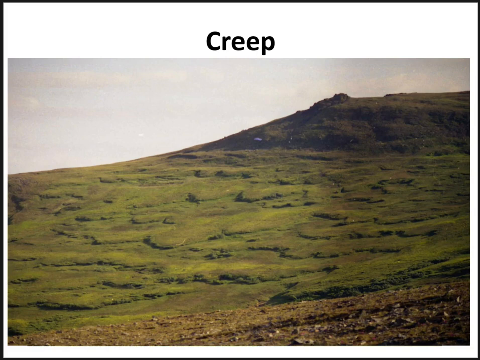So the soil at the top becomes saturated and weak, and the upper layers flow very slowly down slope on top of the permafrost, and it creates these little distinct lobes, these little round segments that you see there. So it's slowly creeping down the slope as well.